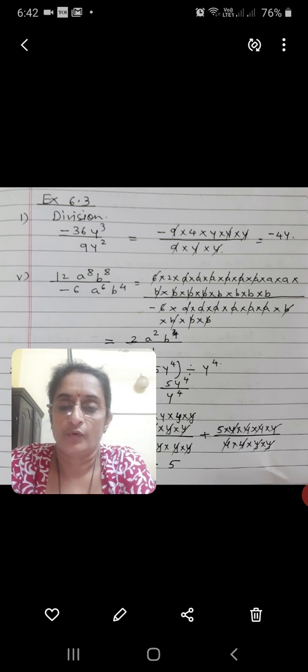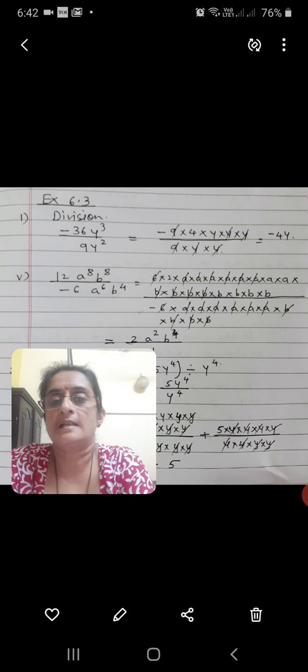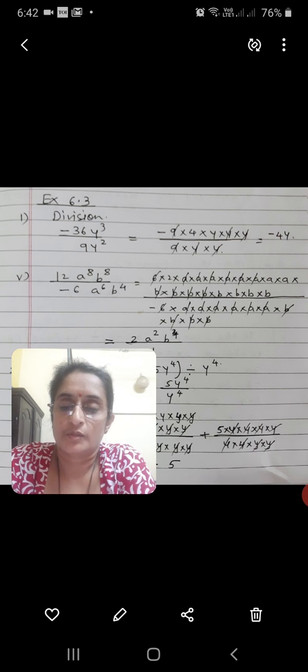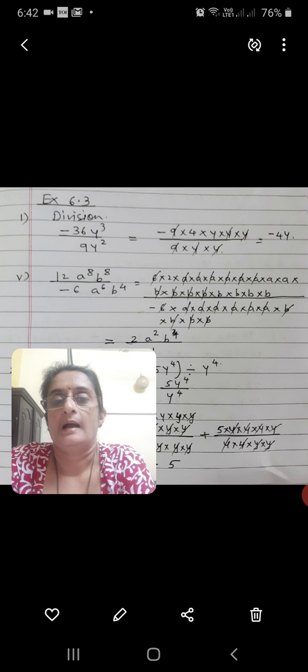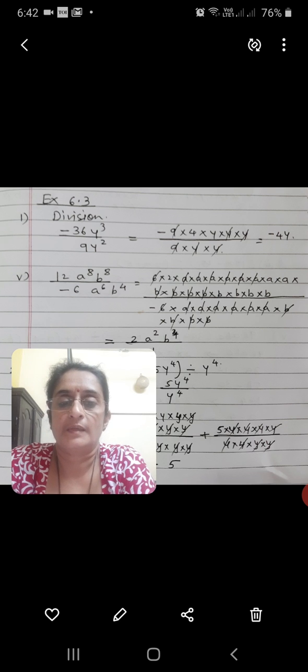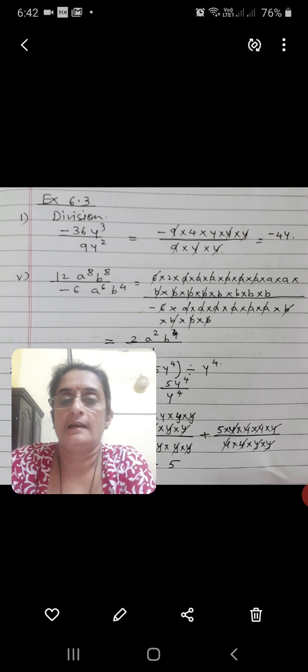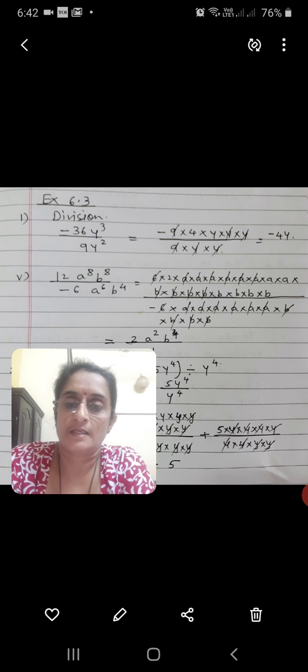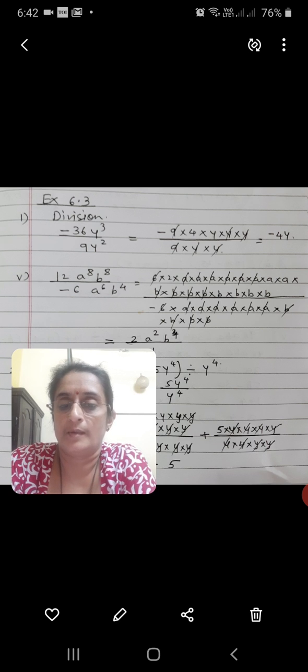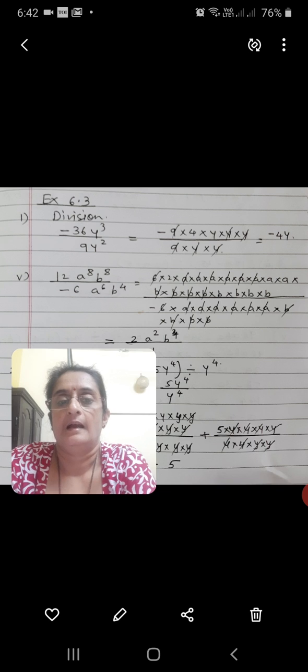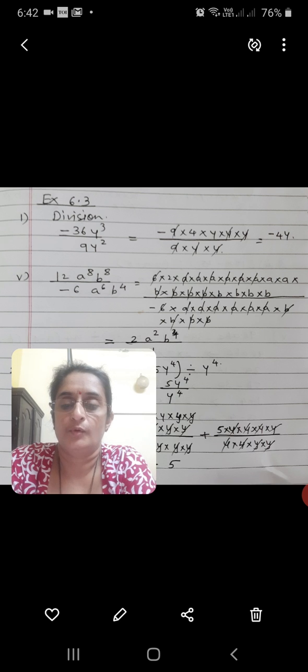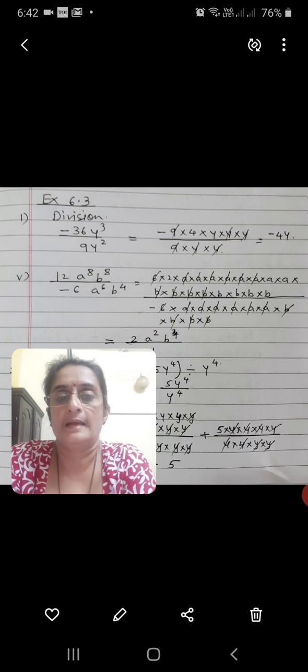Let us go for cancellation now. 6 and 6 are there, so 6 and 6 will get cancelled. 2 is there in the numerator, that will be as it is. And then in the denominator there are 6 a's, so 6 a's from both we will cancel, and even 4 b's from numerator and denominator will cancel.